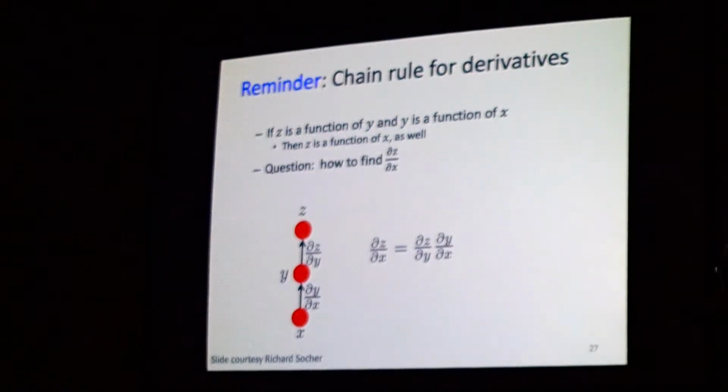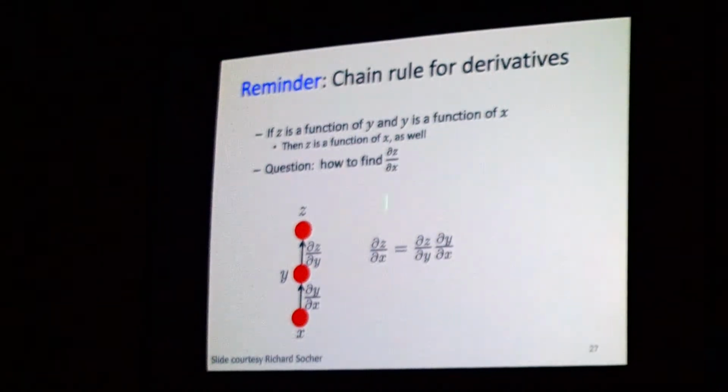How do we compute the partial derivative of z with respect to x? According to the chain rule, you first take the partial derivative of z with respect to y, and then multiply by the partial derivative of y with respect to x. That's the chain rule. Any question? It's just the formula, right?